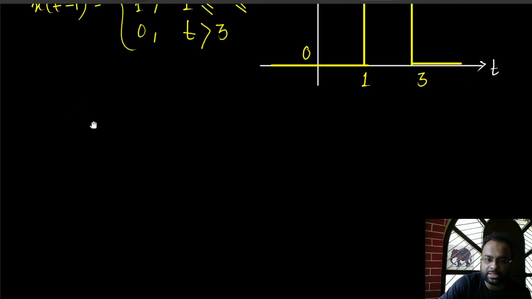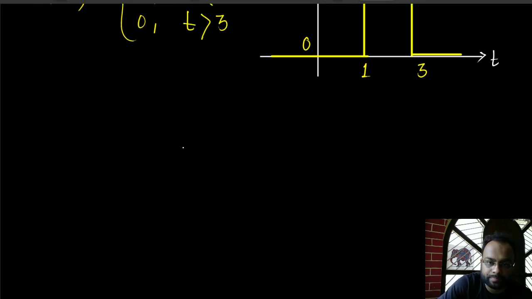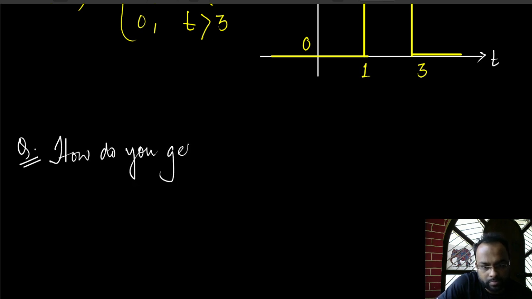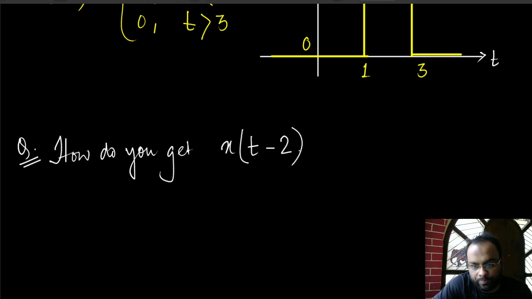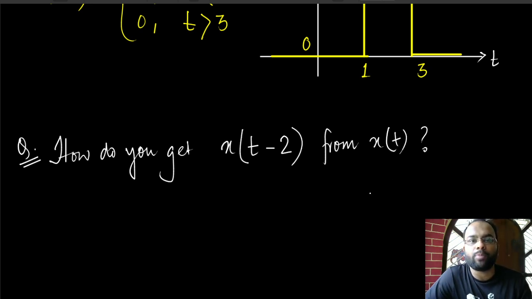So simply now if I ask you this question, how do you get, say for example, x(t minus 2) from x(t)? How do you get this? So you have a signal represented with x(t), and from that signal how do you get x(t minus 2)?